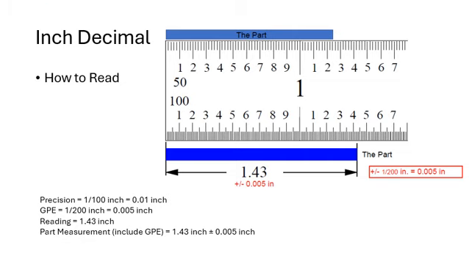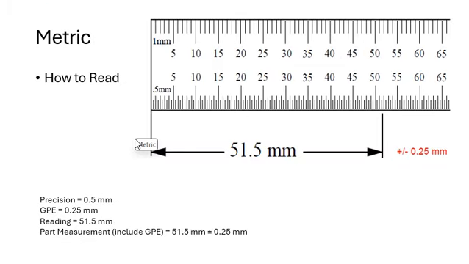All right, the next one is your metric. We do the same thing, and your part is going to be from here to here. We read it like 50, and here 50, and that is 55, so there are 5 units on it, so we go like, oh yeah, that could be about 51.5, around there.